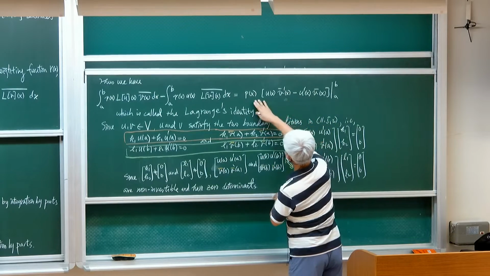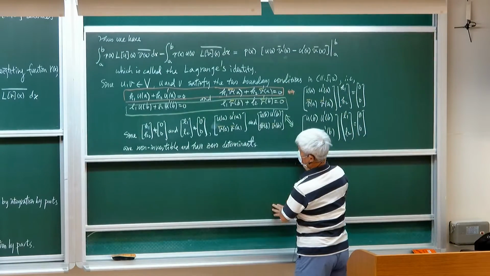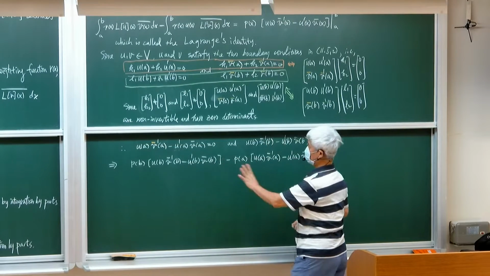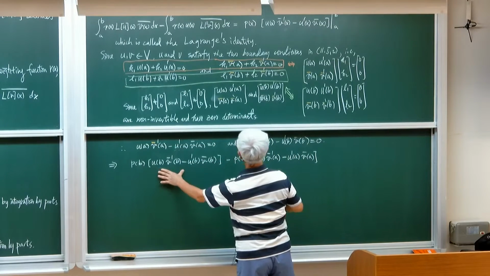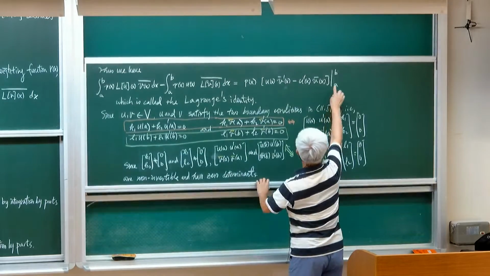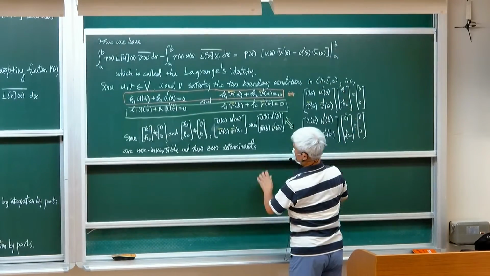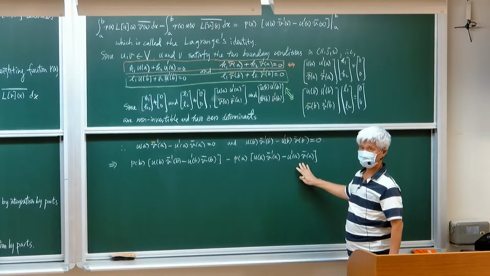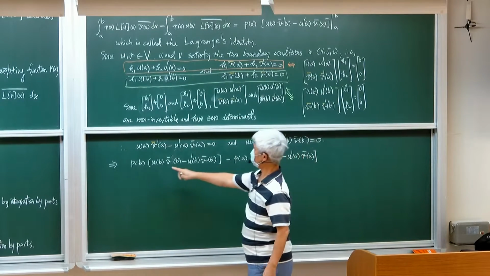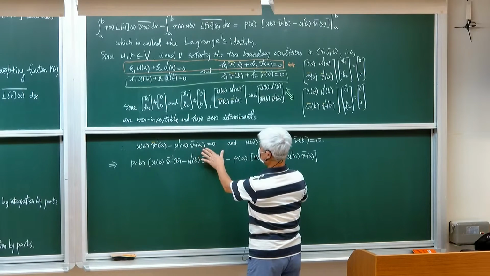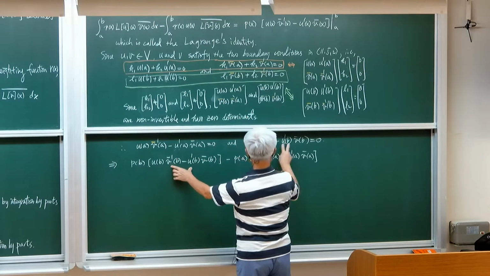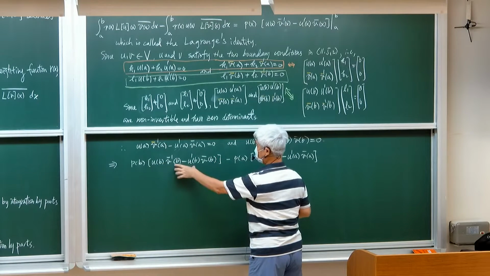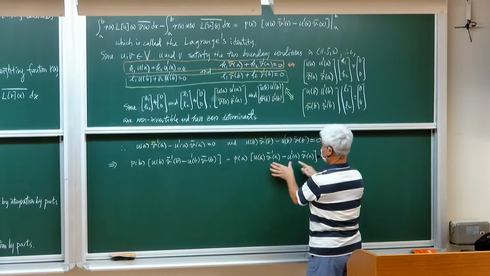It is just the difference of these two terms. The first term involves the boundary point B, and the second involves the boundary point A. From here we know the difference in each bracket is 0.